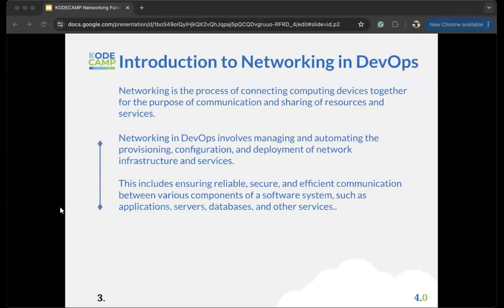So very quickly, what is networking? Networking is the process of connecting computing devices together for the purpose of communication and sharing resources and services. A good example is the public internet, right?